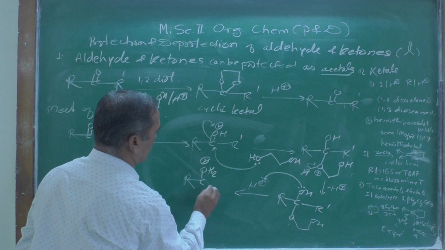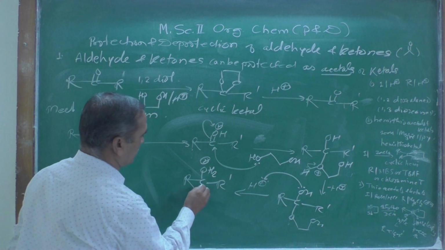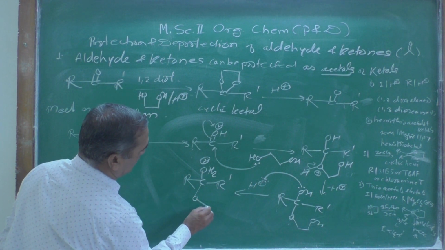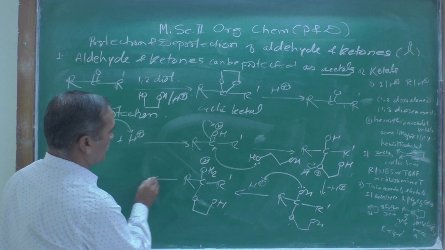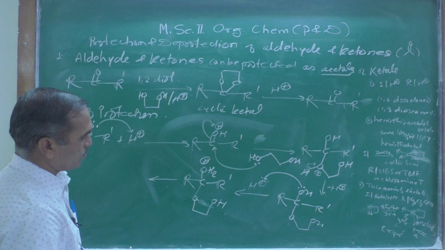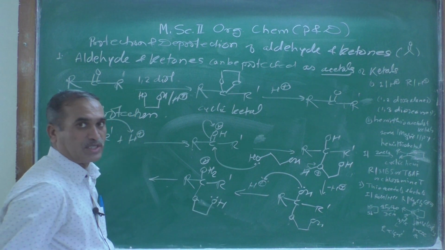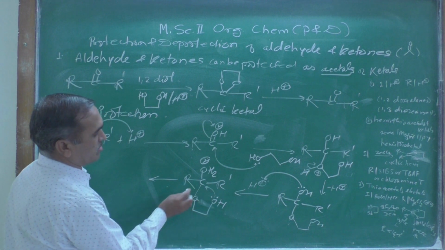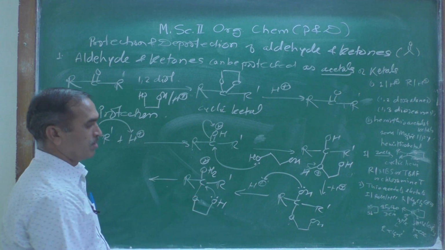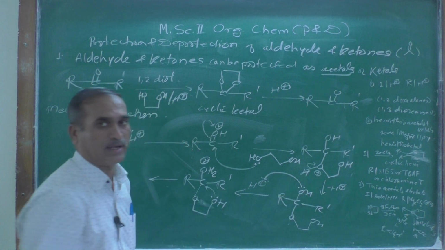RCOH2 positive charge over here, R dash, then this O, then CH2, this one is an OH, and finally what is going to happen? The lone pair present on this hydroxyl group is going to attack this carbon atom, and this hydroxyl group is a bad leaving group.